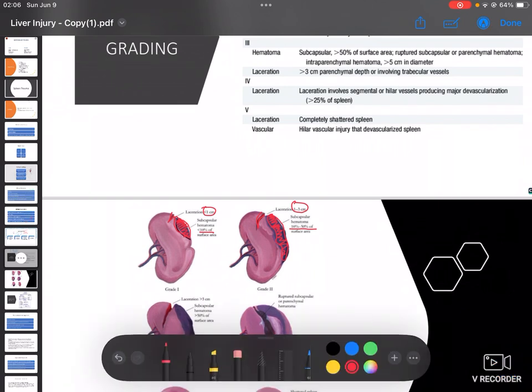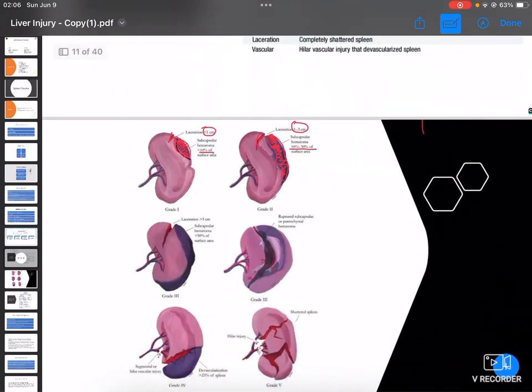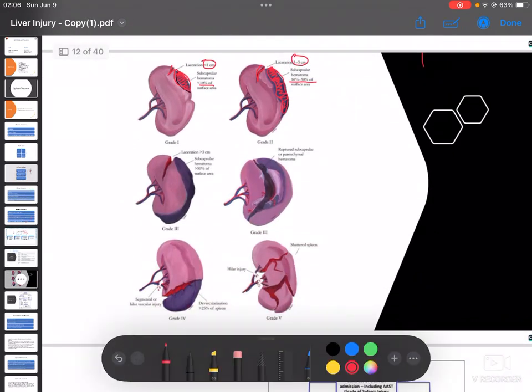Here there is subcapsular hematoma more than 50% and laceration more than 3 centimeter. Here there may be associated rupture.